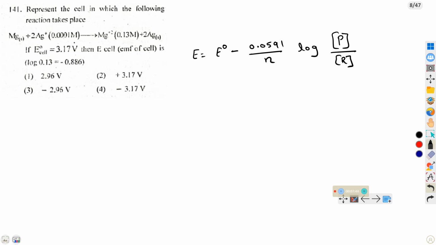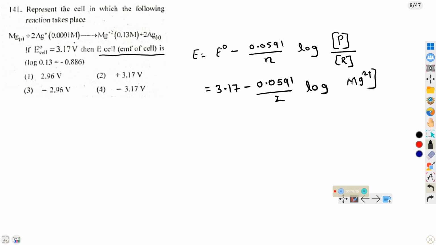Calculate EMF of the cell by using the given data. E0 value is given 3.17. How many electrons are involved? 2 electrons are involved. Minus 0.0591 by 2 log of product concentration by reactants concentration.